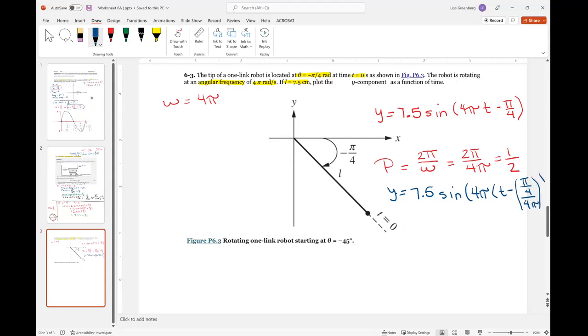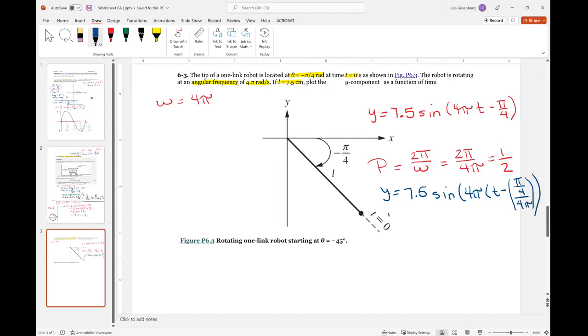Because I factored out a 4 pi. So I get y equals 7.5 sine of 4 pi times t minus, the pi's are going to cancel, so it's going to be 1/16.